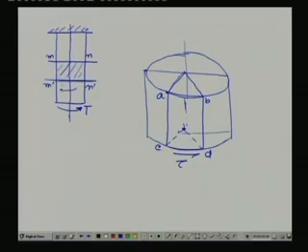So, on this face the torque is in this direction, on the other face it is in this direction, so on and so forth. So, obviously, the direction of shear stress is in this direction, and in this direction.